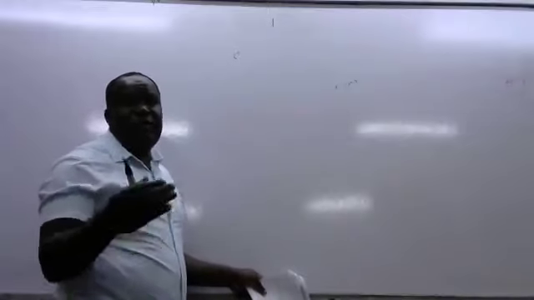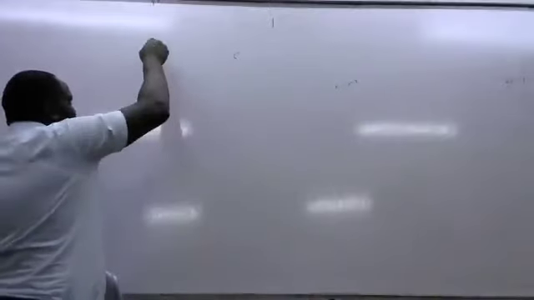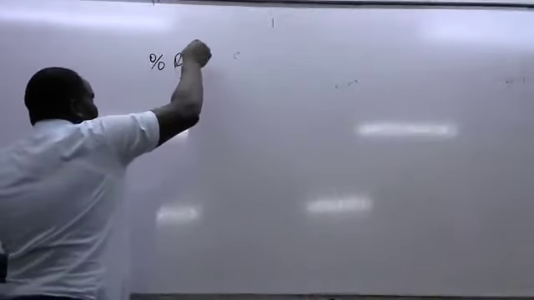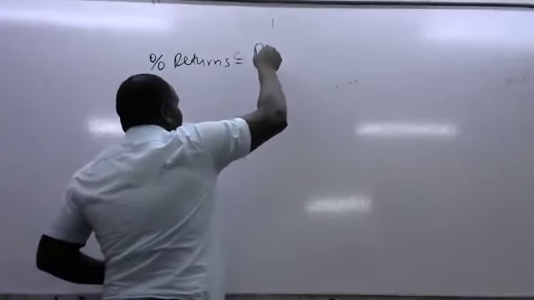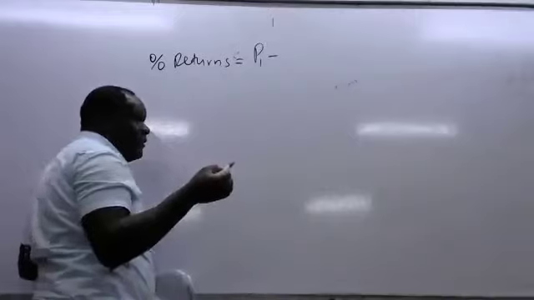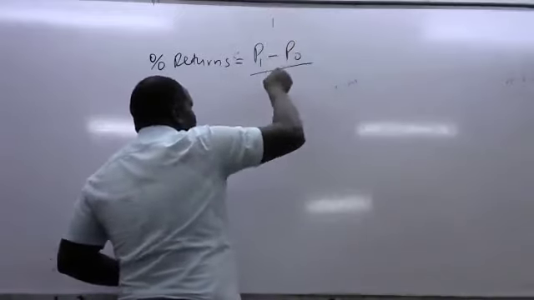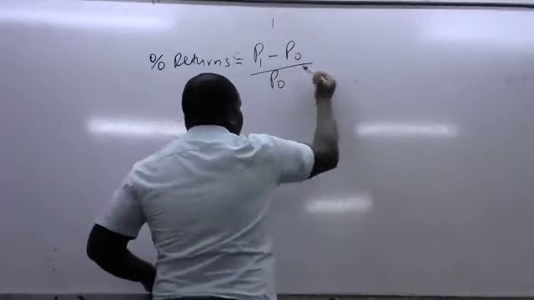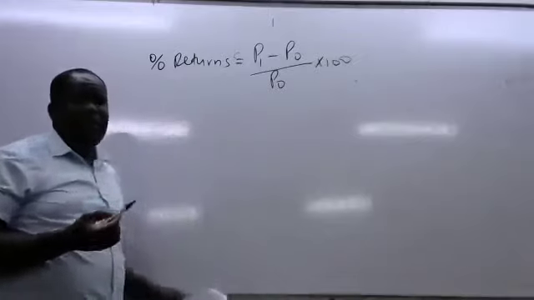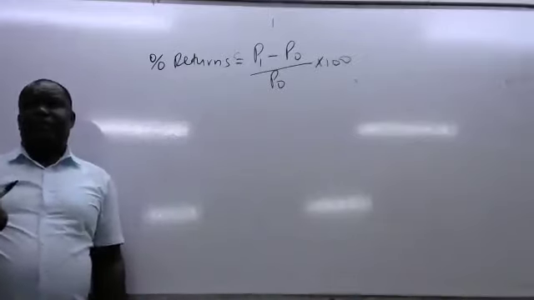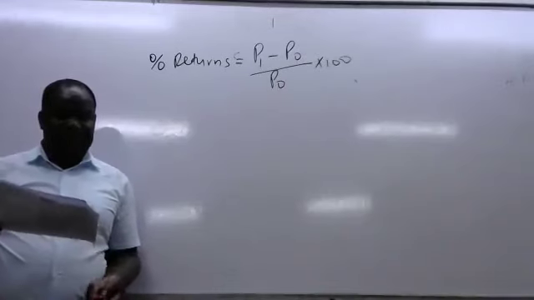So the percentage return will be given by P1, the price at the end of the year, minus P0, the price at the beginning of the year, divided by P0, then we show it as a percentage.